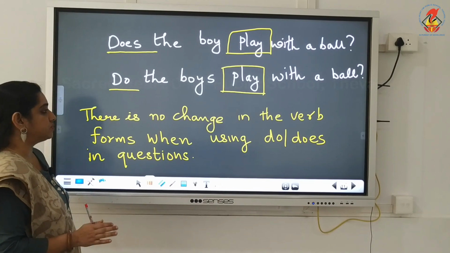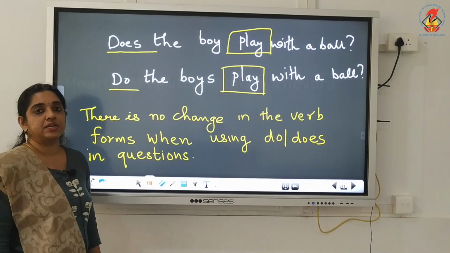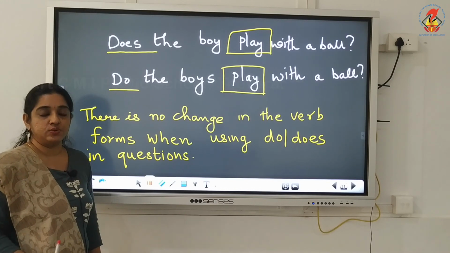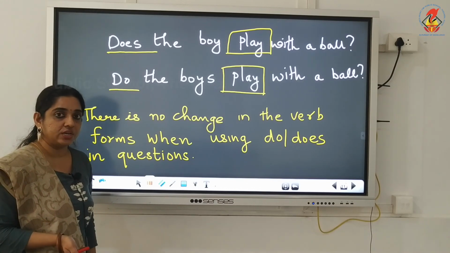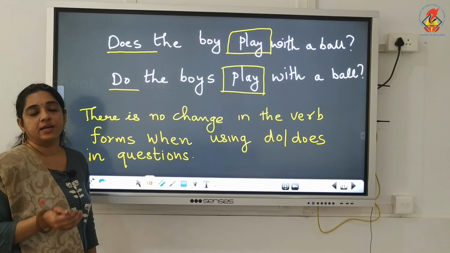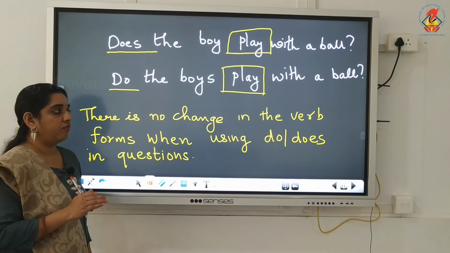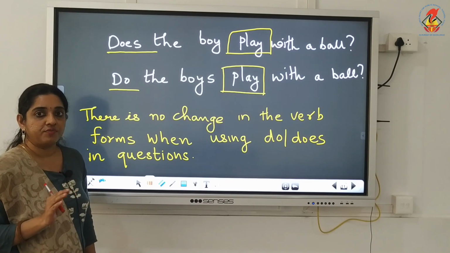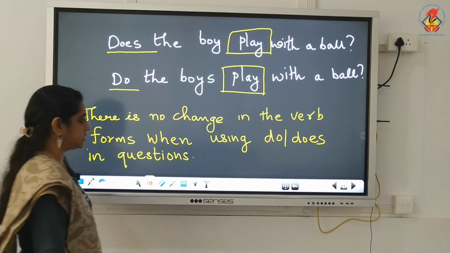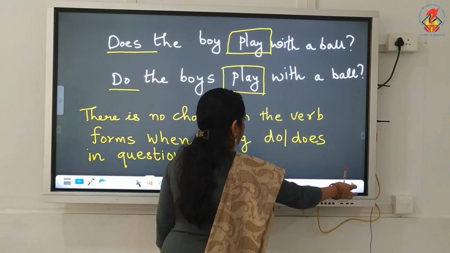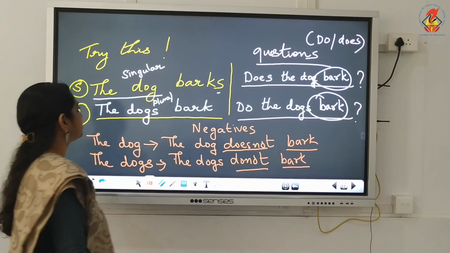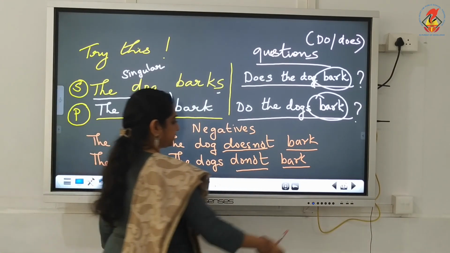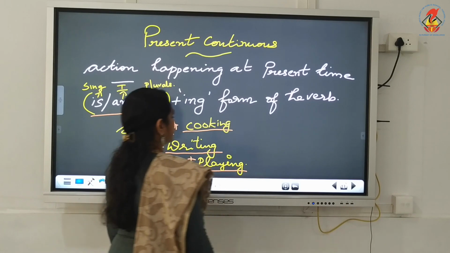Verb forms usually remain fixed in both cases. If you are making a question or a negative sentence, you use only the original form of the verb in both cases. Now, the next one is, we have done an exercise to check whether you understood it or not.